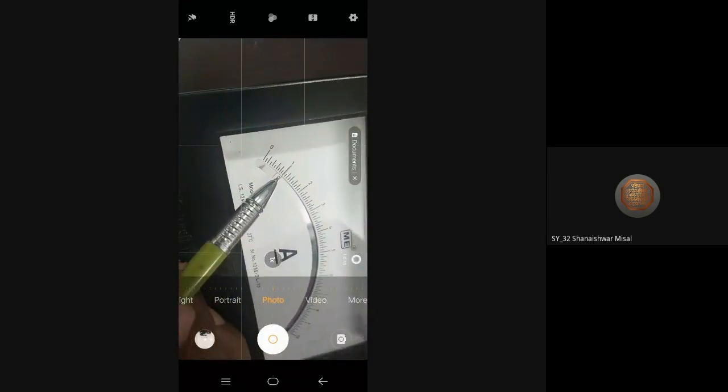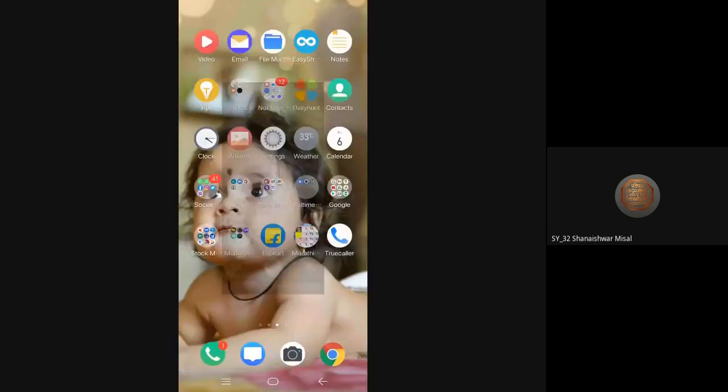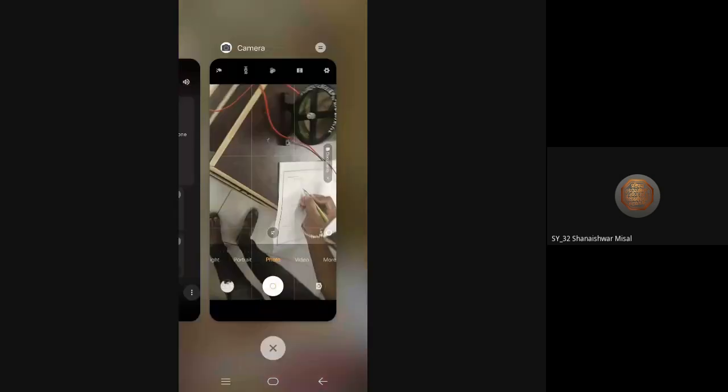Now we will check the current. Here you can see the current is decreased. Last time we had seen the value of current that is 1.2. Now the value of current is 0.